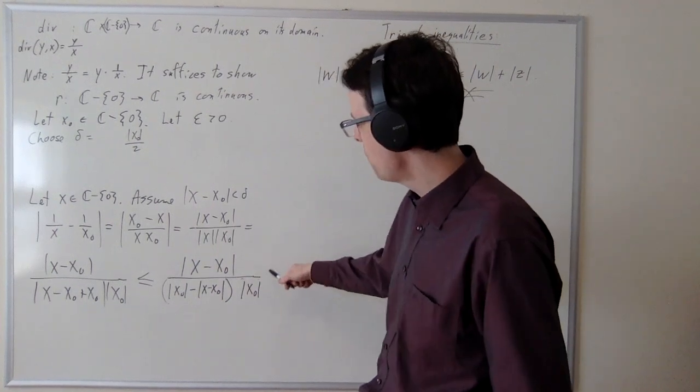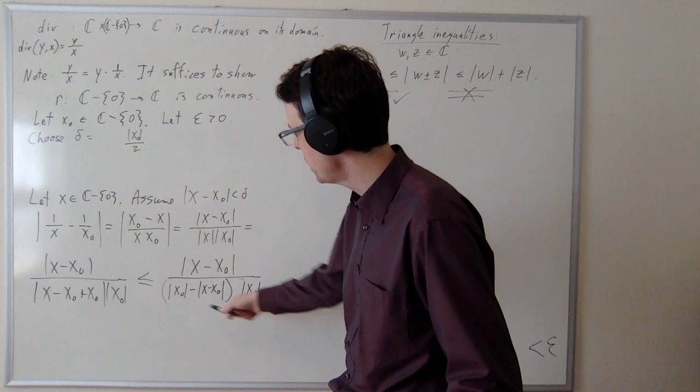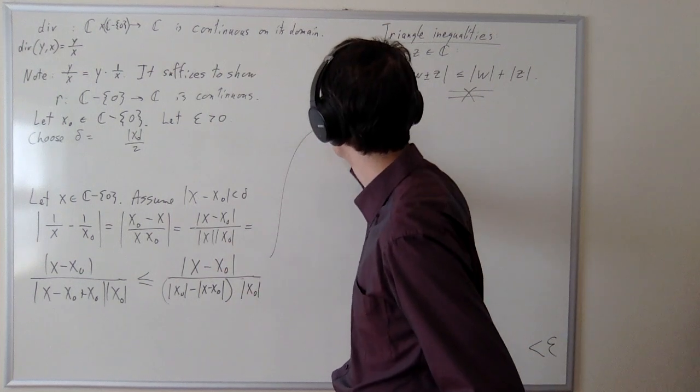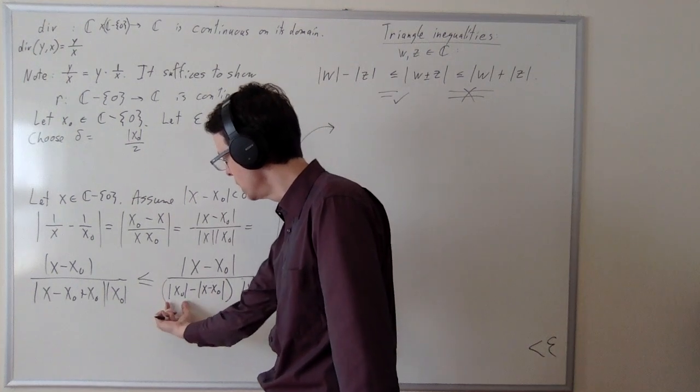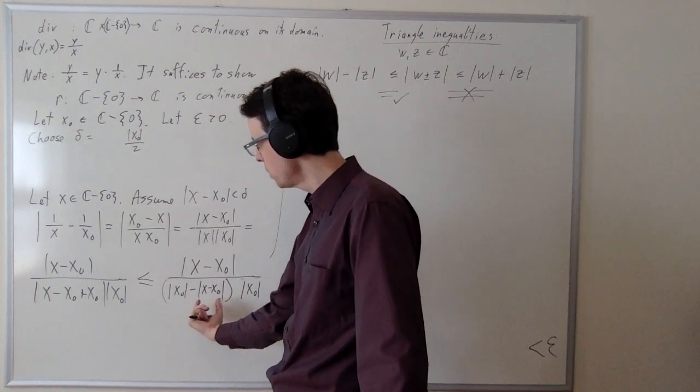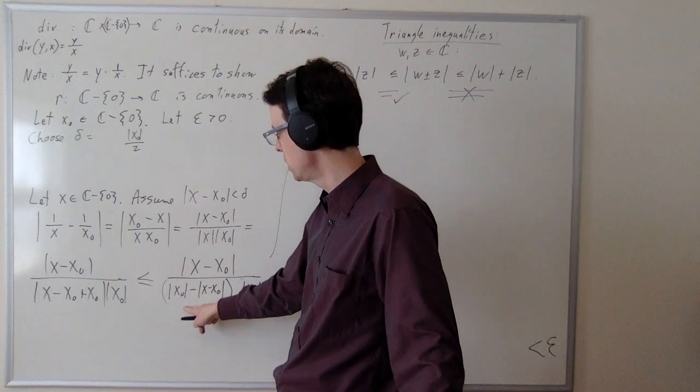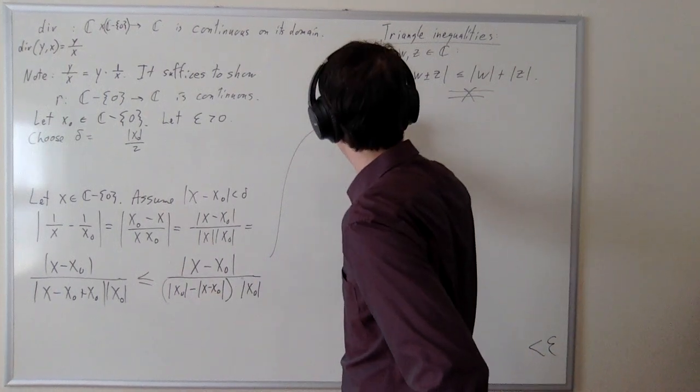Now, can I use that to simplify this? Well, yes. If this thing is less than half of this thing, then the result of subtracting them is at least half of this thing. So let's write that.